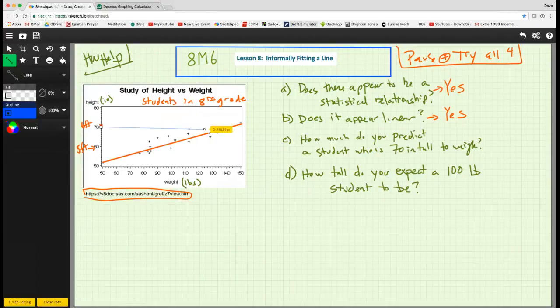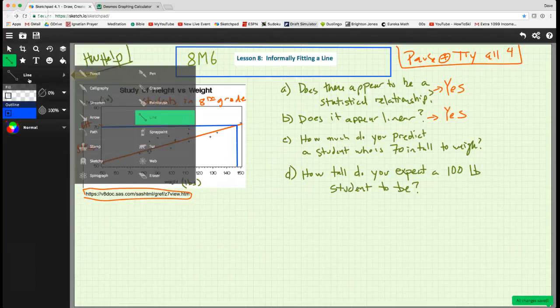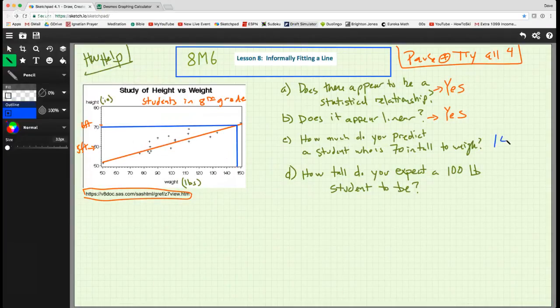So if we're 70 inches, we expect to weigh about 100 and maybe 47 pounds. So we'd say 147 pounds.